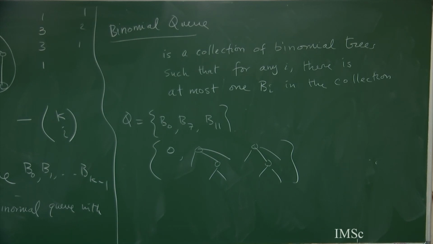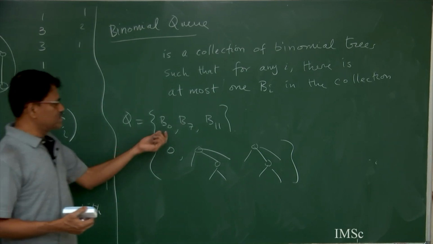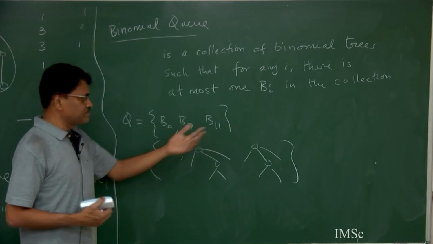Note that if I want a binomial tree with 17 nodes, you can't get it, because the number of nodes in a binomial tree is 2 to the power i. So, you can only have powers of 2, but a binomial queue is a collection of binomial trees. Now, if you give me any n, I claim that there is a unique binomial queue, and when I say unique, it is up to isomorphism, these structures.